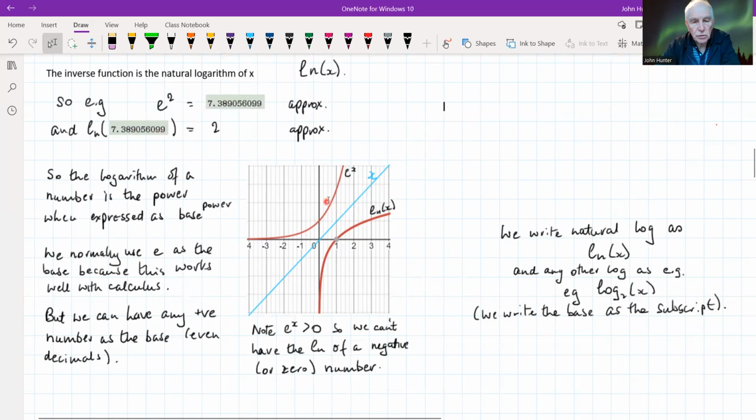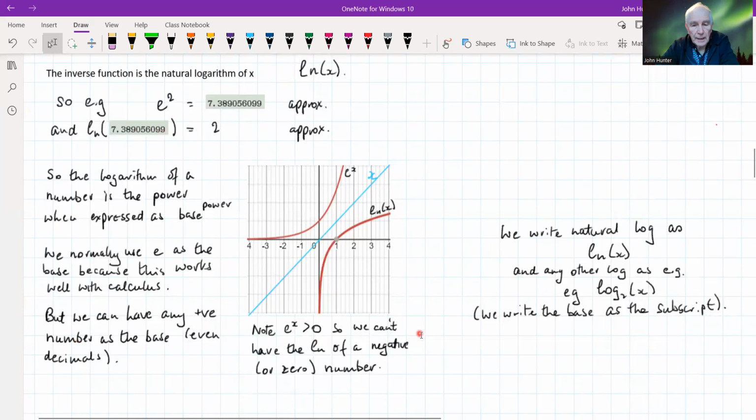If we graph these two functions, e to the power of x and the natural log of x, it looks like that. Now, if we stuck our mirror up this line, y equals x, we can see these are mirror images of each other. And that is what we're going to get because they are inverse functions of each other.